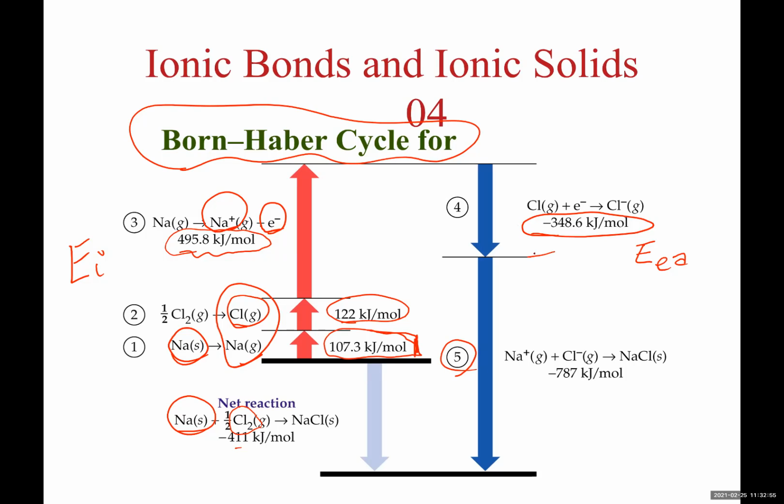So at this point, I already have Cl minus in the gaseous form, and I already have Na plus in the gaseous form. Obviously these two have opposite charges, they love each other, they make a bond, and that bond is called an ionic bond.